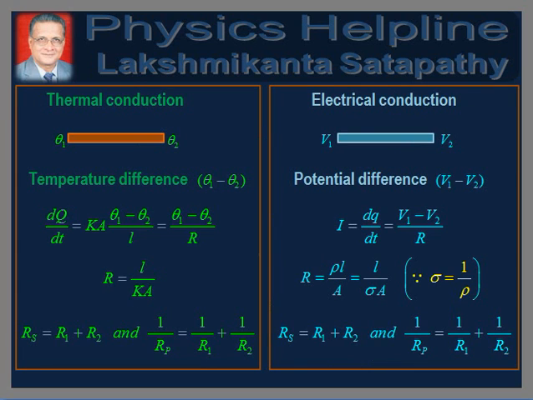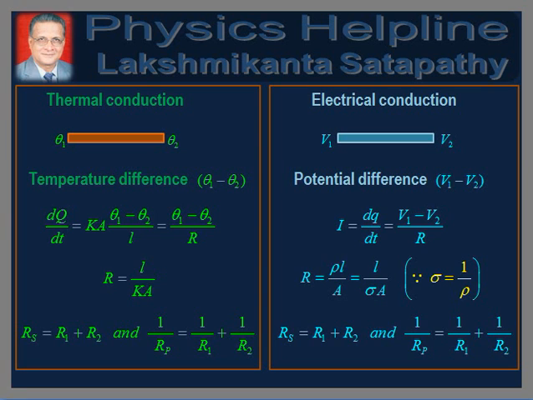Now, let us understand the similarities between thermal and electrical conduction. Heat flows along a metallic rod due to a temperature difference theta 1 minus theta 2 across its ends. Similarly, electric current flows along a conductor due to a potential difference V1 minus V2 across its ends.